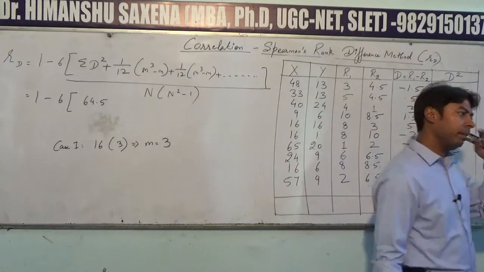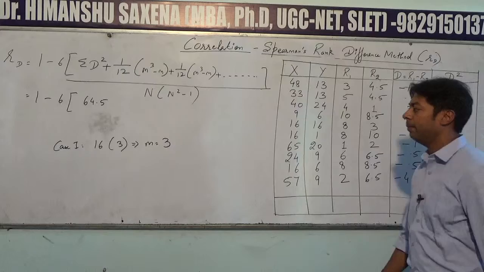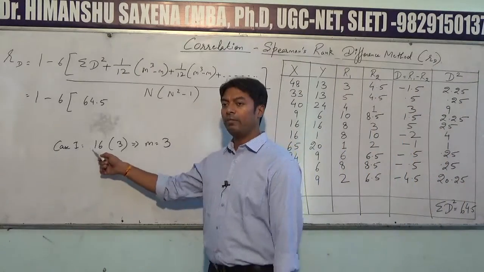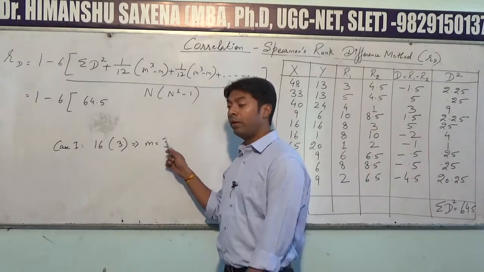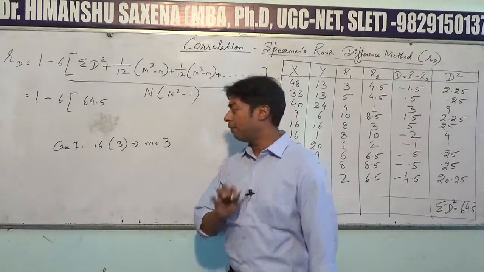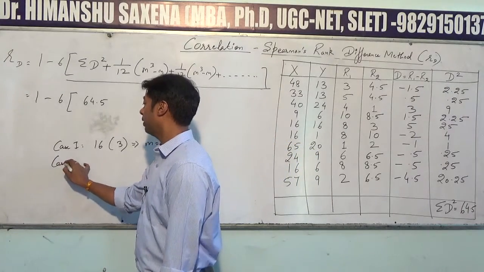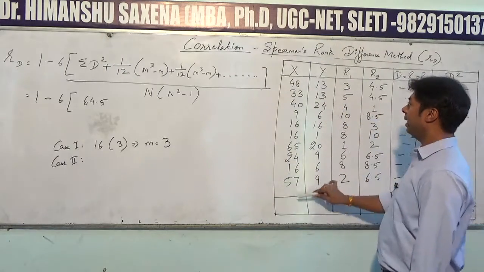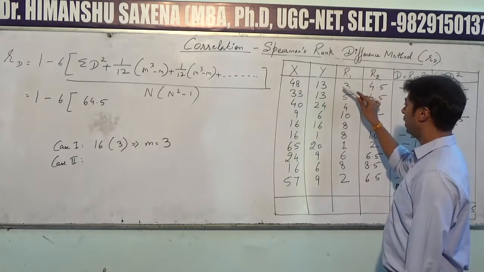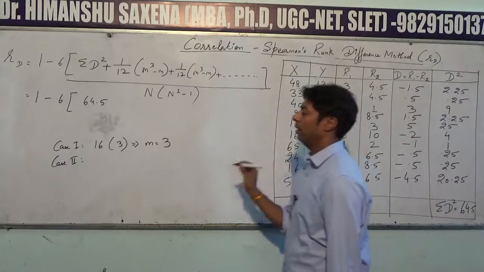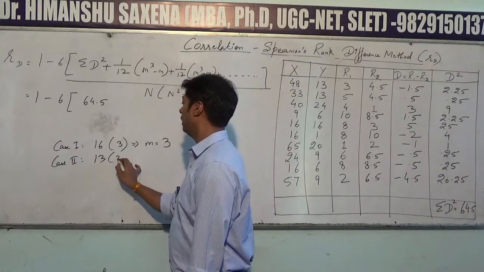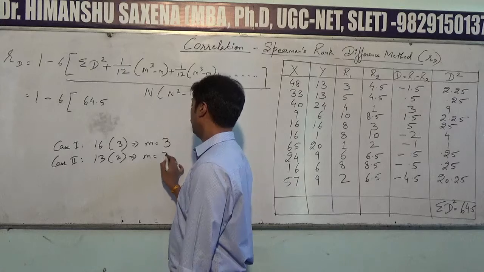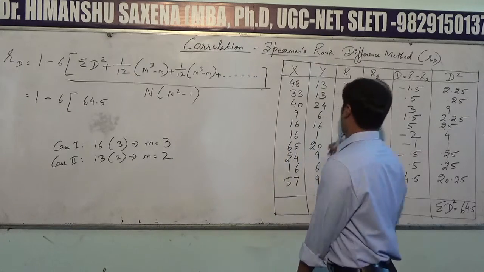That is, the number of repetitions is denoted by m. Now if 16 would have been occurring 5 times, the value of m would have been equal to 5. Another case that we take, now there wasn't any tie in X series, but in Y series there was a tie between 13. Now 13 was occurring 2 times, so the value of m will be equal to 2.